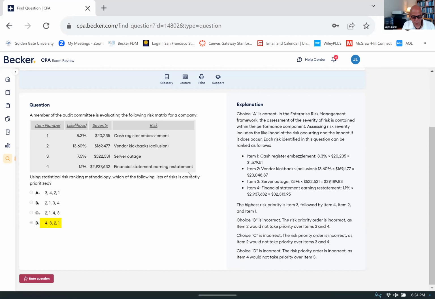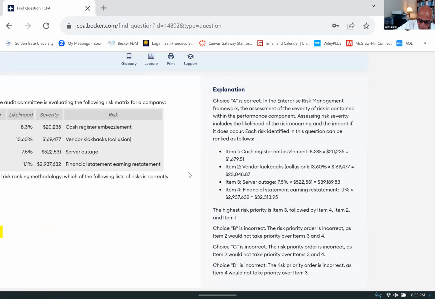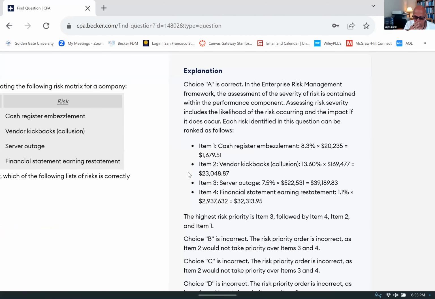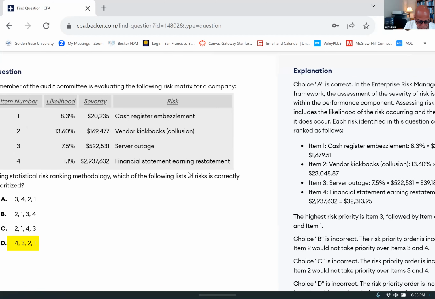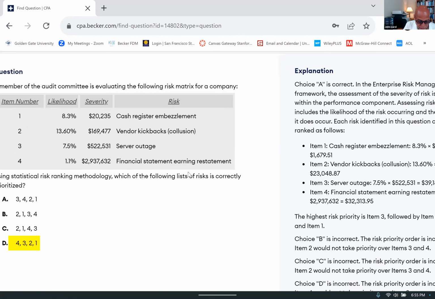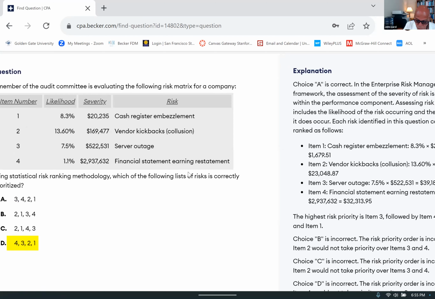Then what they did here to rank these is they multiplied the severity by the percentage likelihood, and that's how they came up with an expected value of these different bad things, and that's how they ended up ranking these.